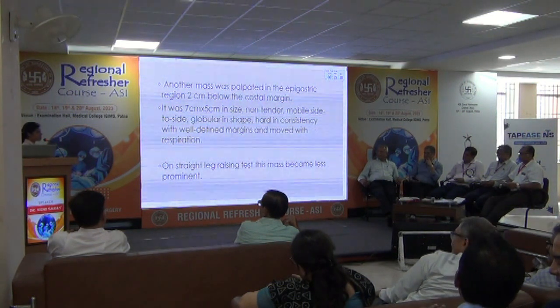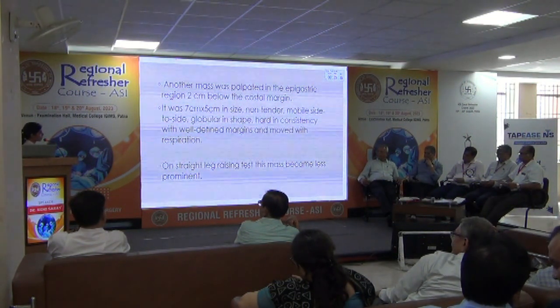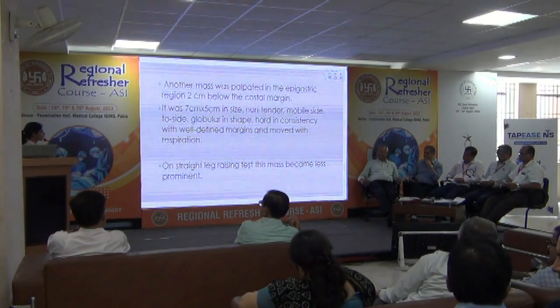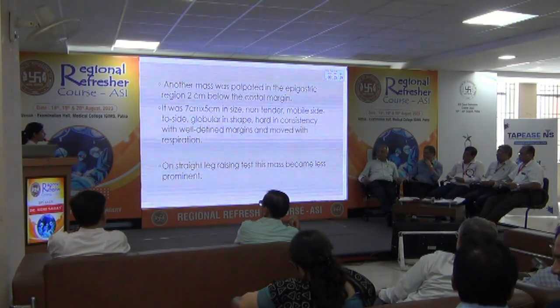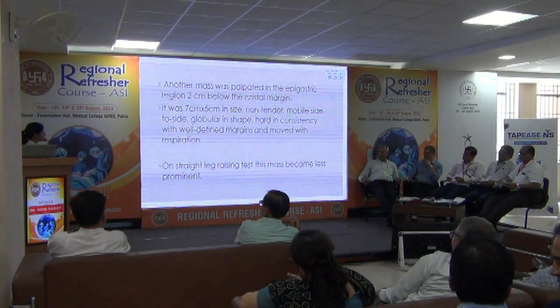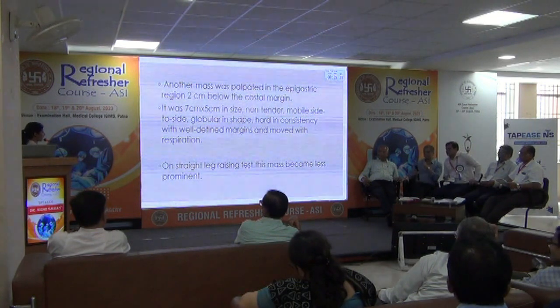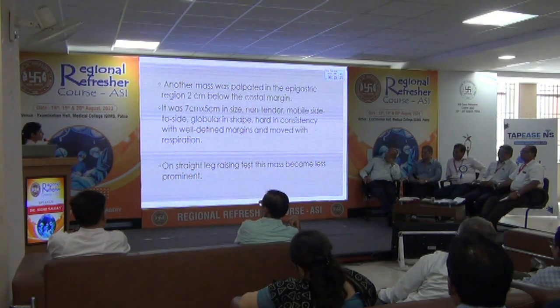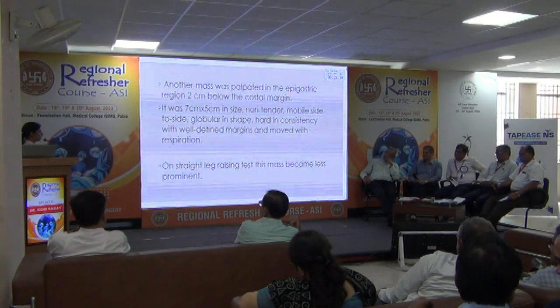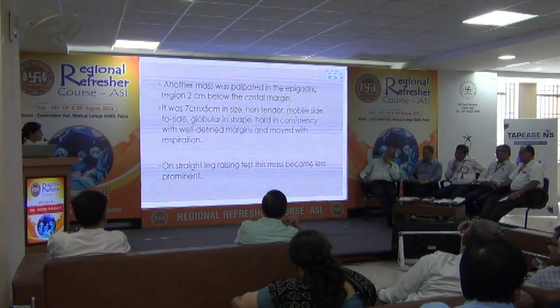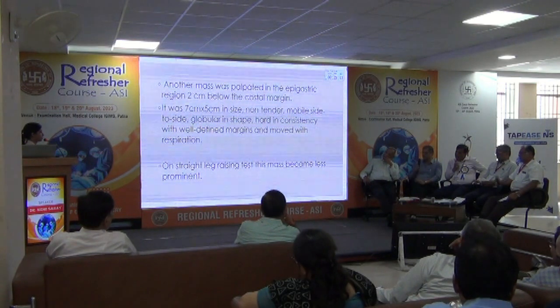From the cisterna chyli, it ascends up on the right side till T4 level, then it goes on the left side to the left thoracic duct, sir, and then it drains at the junction of the left internal jugular vein and the left subclavian vein. Sorry, subclavian vein.